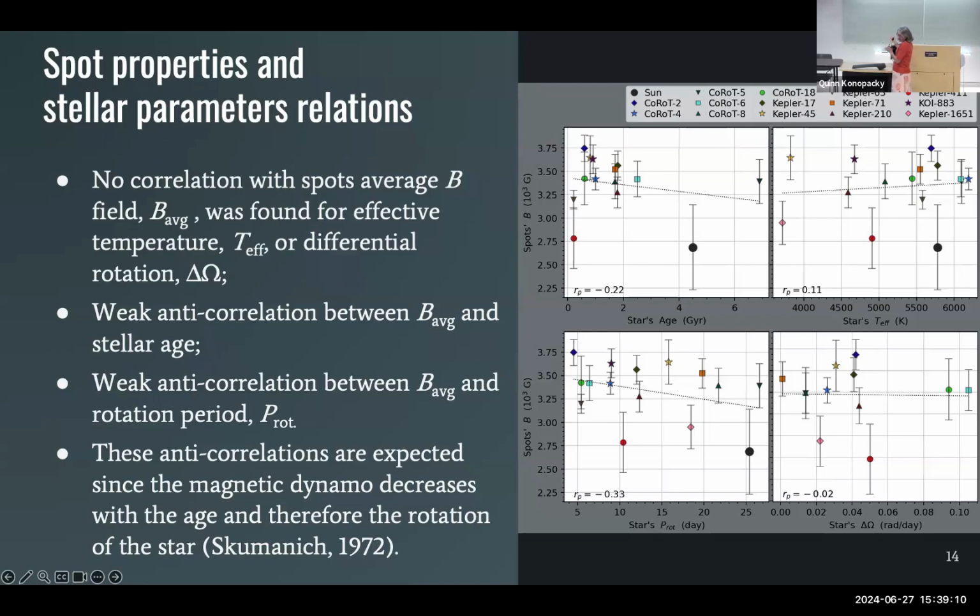Not that the other ones didn't flare, but they didn't flare during the TESS or the Kepler observations. These two did, and they have the smallest magnetic fields. But we do have all the spectral classes, and we don't see much difference according to spectral type.